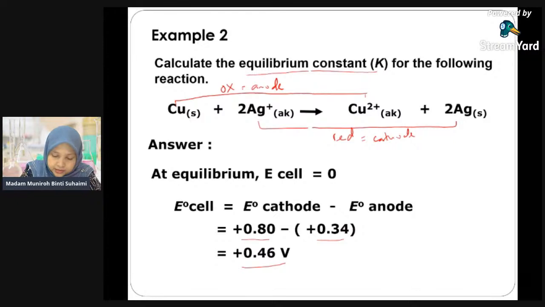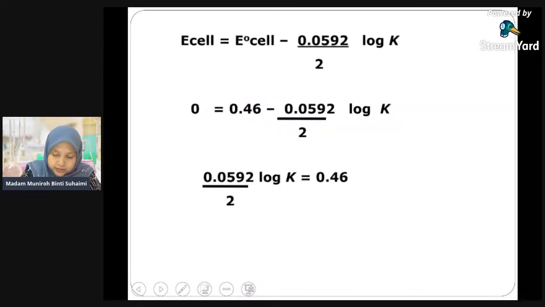Okay, we proceed to use this formula to calculate K. We want to determine the value of K. From this formula, E cell equals E naught cell minus 0.05 over 2, where 2 is the number of electrons transferred when we balance the equation, times log K. E cell equals 0.